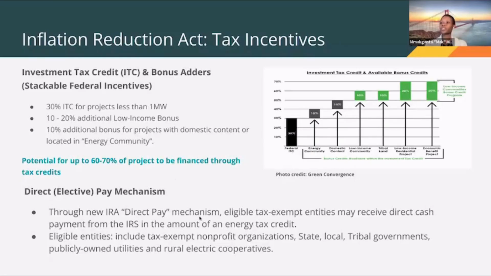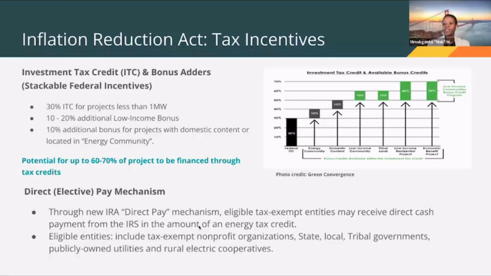So, if your project qualifies for a low income bonus, that might be an additional 10 or 20% of investment tax credit, as well as, if you meet certain criteria like domestic content, or the project is located in an energy community, stacking up some of these investment tax credits could result in your project financing of up to 60, and I think up to 70%. I may stand corrected on that one, just through tax credits.